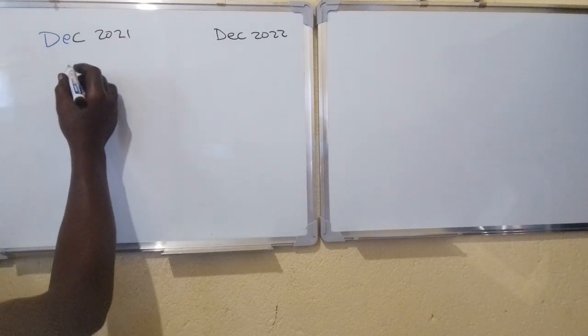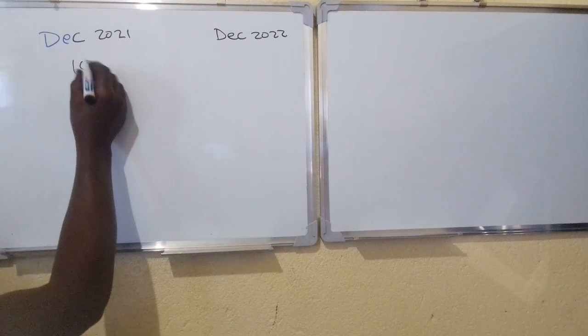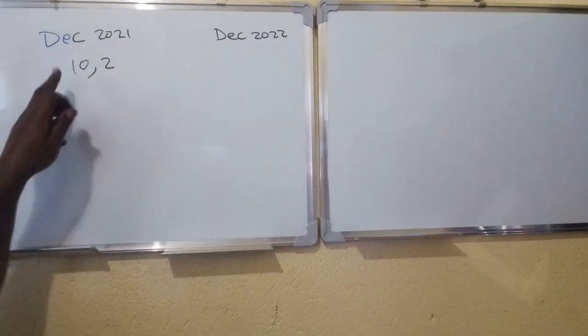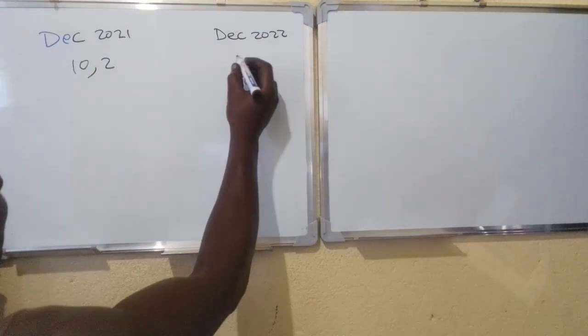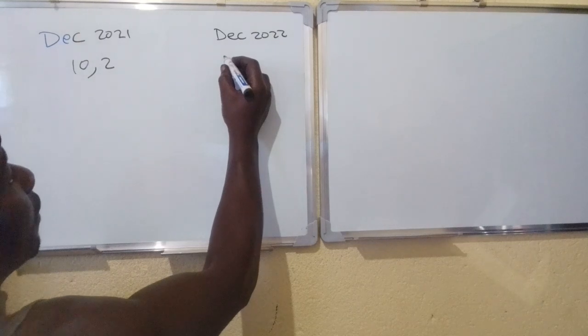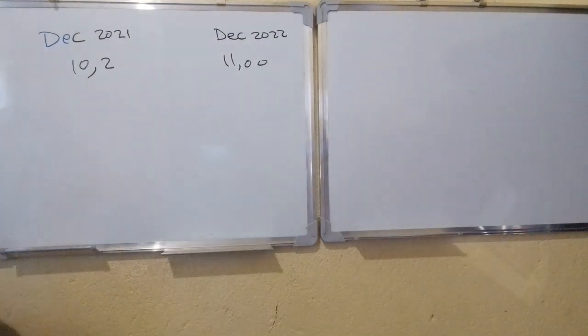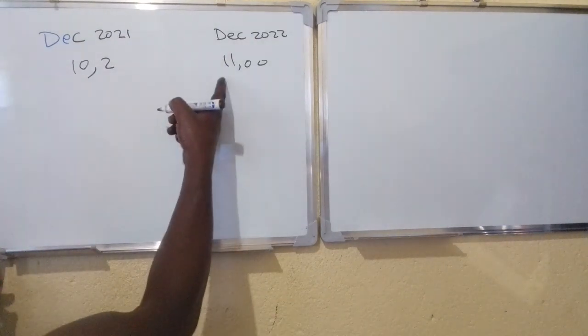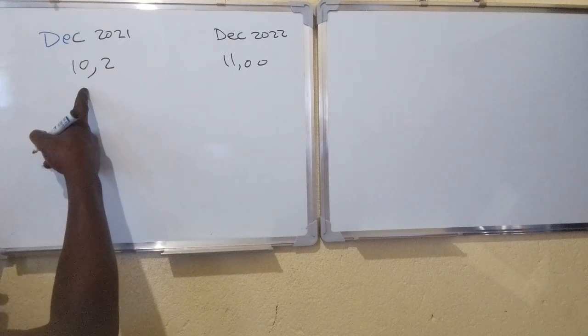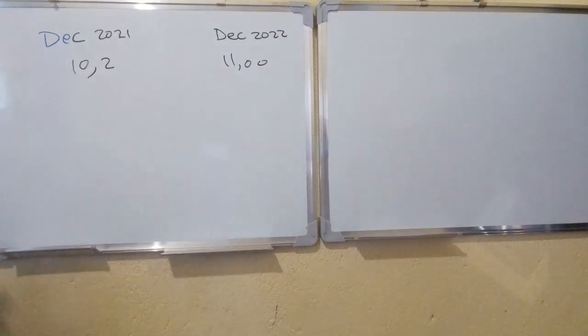If the consumer price index, for example, was 10.2 in December 2021, and then it's 11.00 in December 2022, when you calculate inflation rate, it's current minus previous over previous times 100.